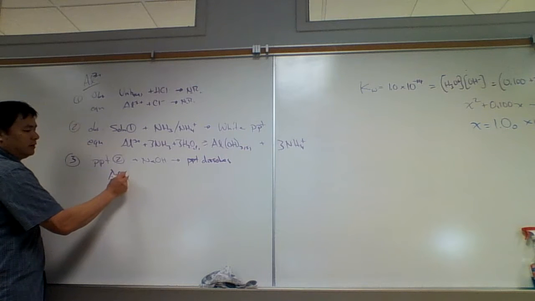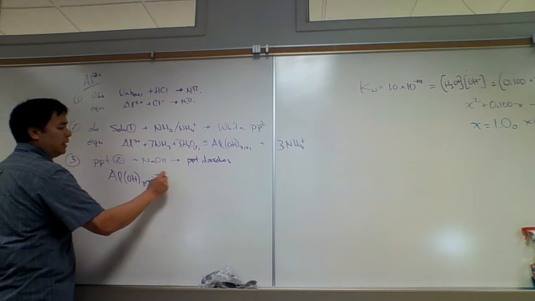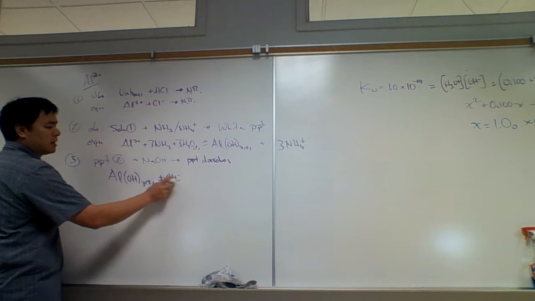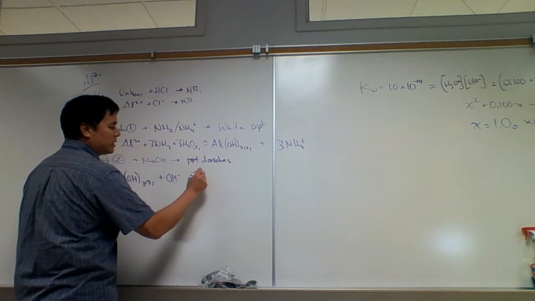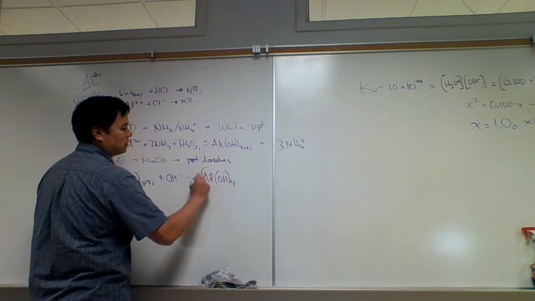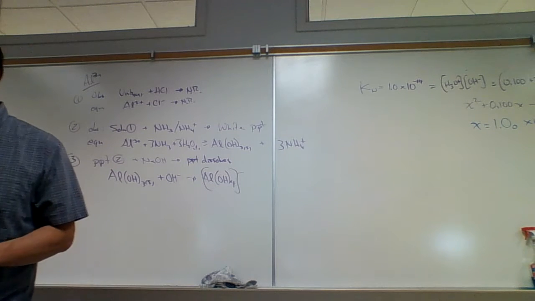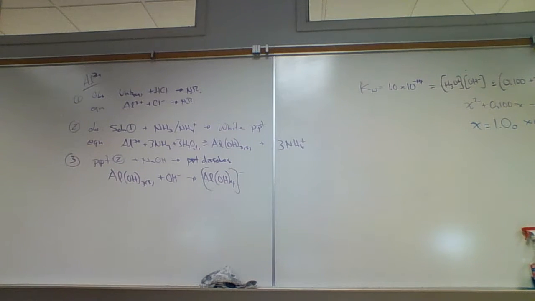And what we have here is the aluminum hydroxide solid, and what's going to happen is another hydroxide is going to attack that. When it attacks that, it's going to form this. Can you name that? Species on the right? Yeah, tetrahydroxoaluminate forms.